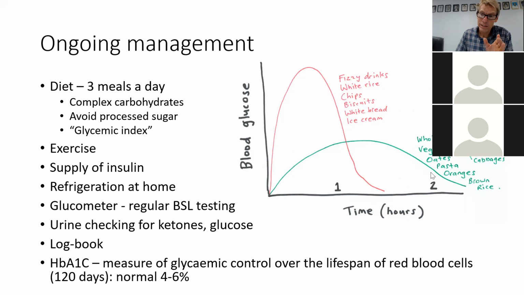But think about the complex carbohydrates. They're okay to eat, like whole grains, vegetables and fruits, and bread, which is especially good if it's whole grain bread. All the healthy foods are good, but not so much the refined foods.